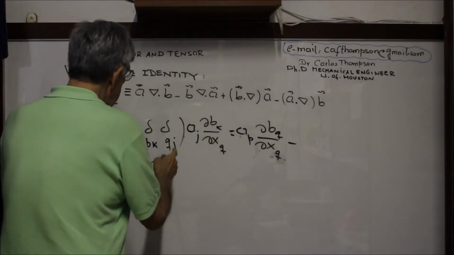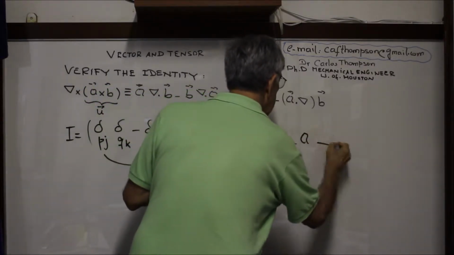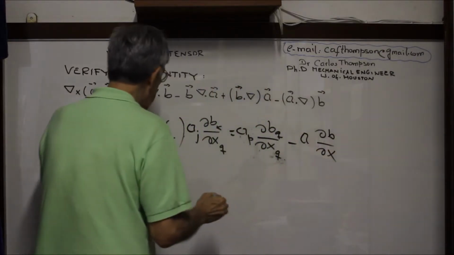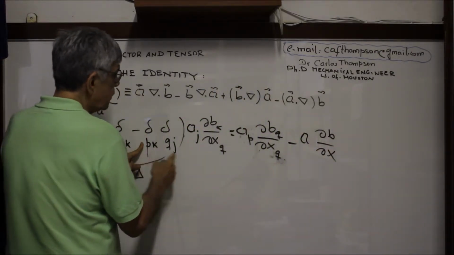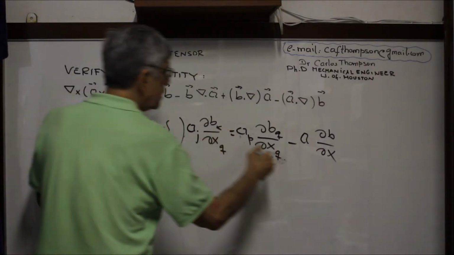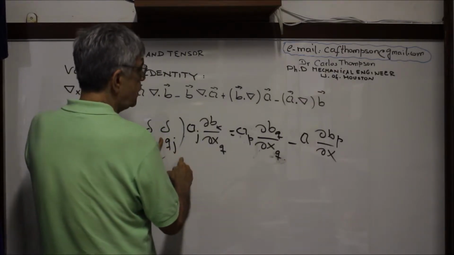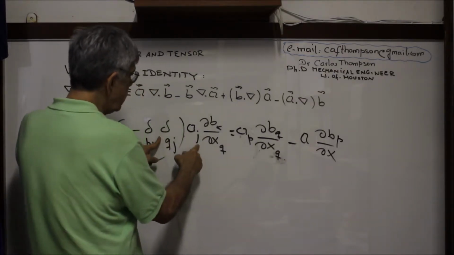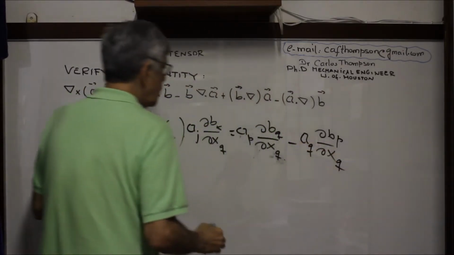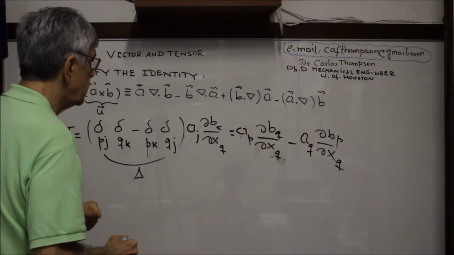Now let's apply this to this one. So I'll write a partial of b with respect to x. Now p k, you see, p k, instead of k here, I'll put p. Now k j, you see, k j, now here I put k, so this is k, this is k. So this is a term which I called 1.